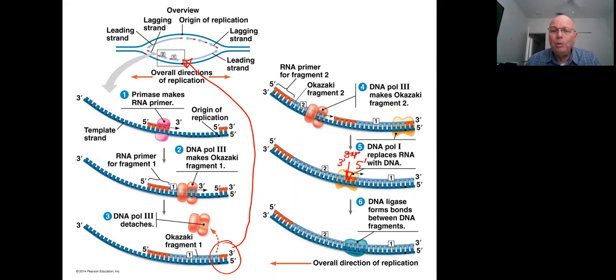So once DNA pol 1 has finished replacing the RNA nucleotides, it disengages. DNA ligase comes in and links the 3' end to the 5' end between those fragments to create a continuous section of DNA. So when it comes to the lagging strand, it is primed multiple times.